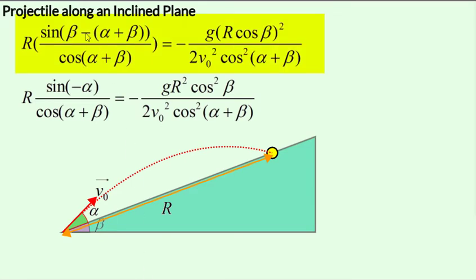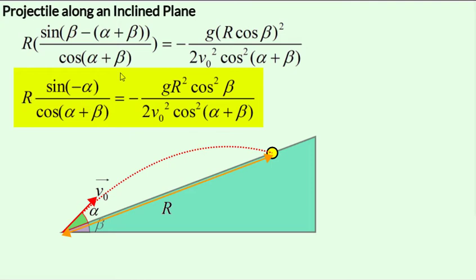And beta minus (alpha plus beta) reduces down to minus alpha. Now from this simplified form, you can see that r is common on both sides and one of them would cancel out. So would cos of (alpha plus beta). It's present on both sides. That also would cancel out on one side.